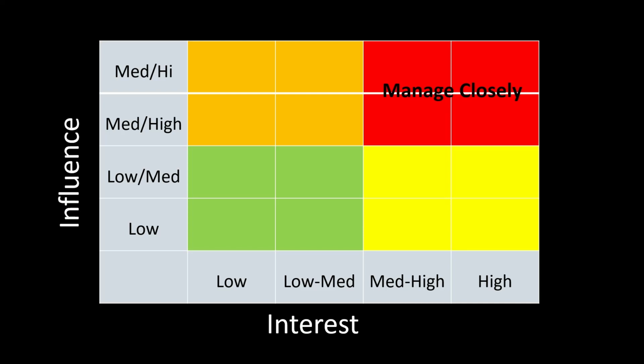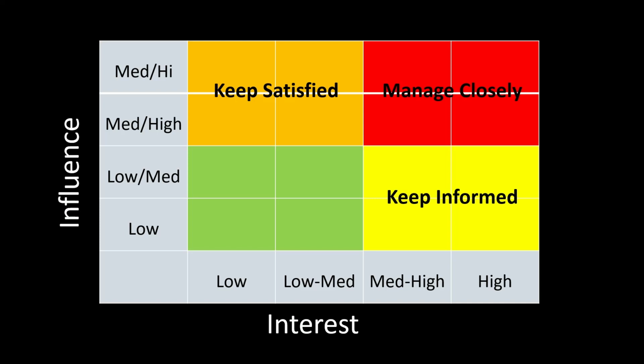High power but not really interested, let's make sure we keep them satisfied. So health and safety executive, let's make sure we are following those rules and those laws to make sure that they are happy and satisfied and they don't feel the need to come in and do in-depth investigations, change our project or potentially shut it down.